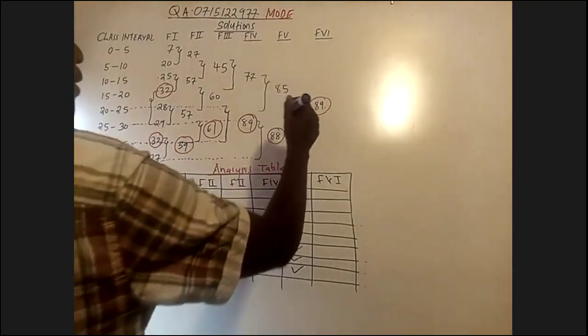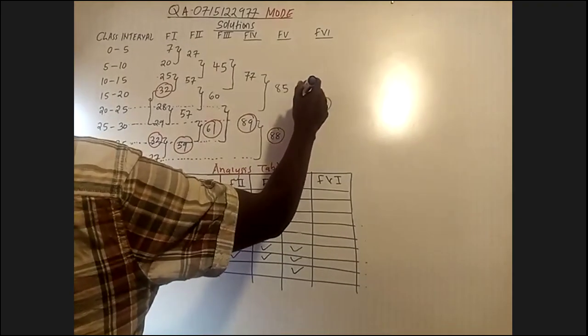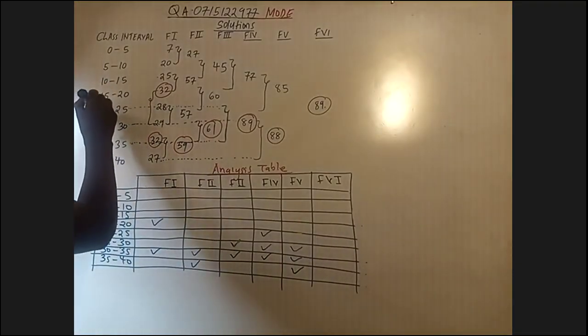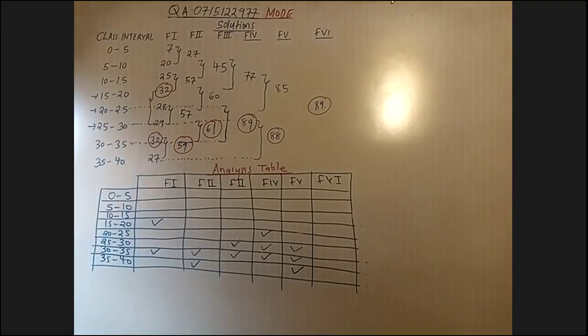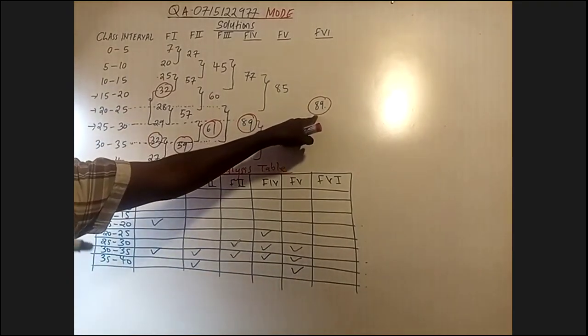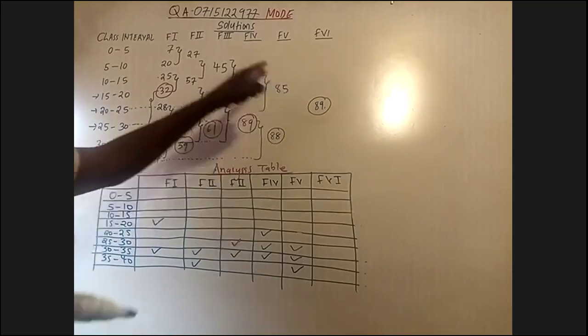Which is our 89? Now, our 89, which figure did we say it is? This one. But actually, we made a mistake on 89. For the last one we are supposed to pick 4.